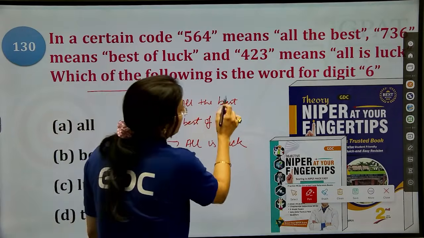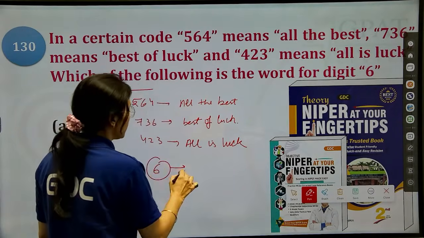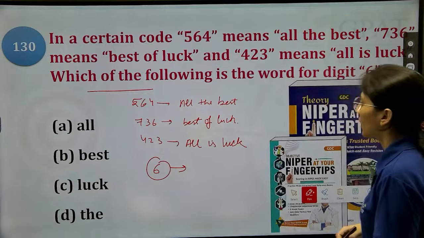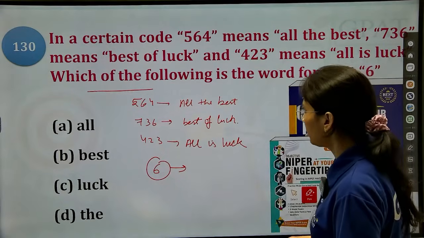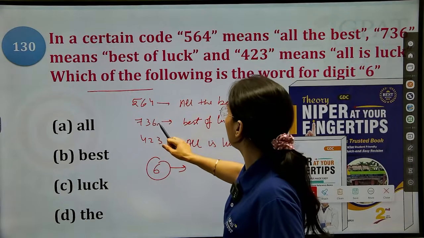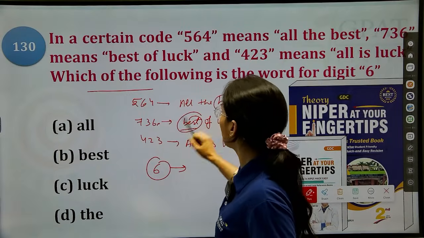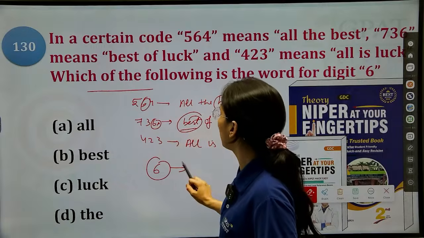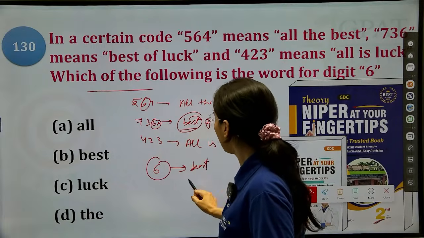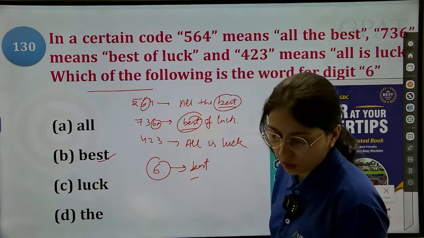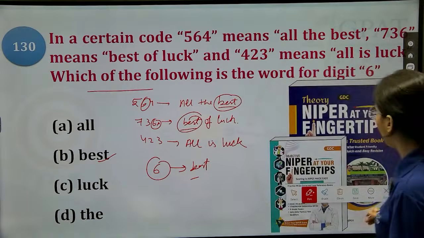Which is the following word? We have to find 4, 6. If you see, 6 is common here and here. So the common word is best. So the meaning of 6 is best. So option B is correct.